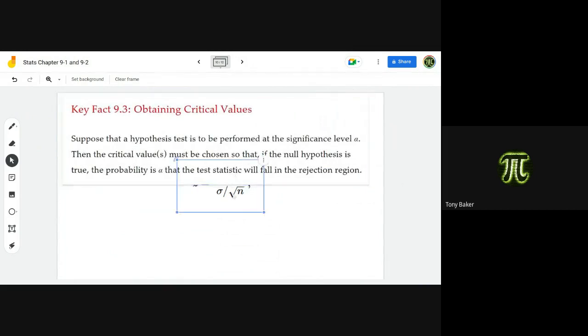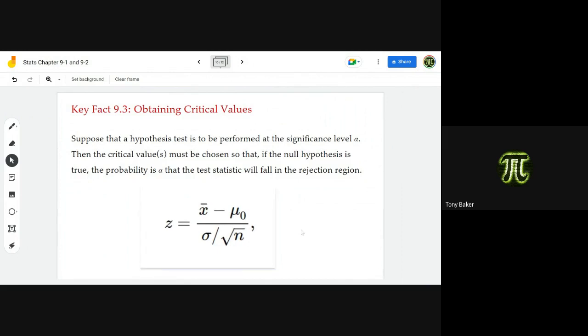All right, so when we're looking for obtaining our critical values, we're using that Z-score formula. So it's the sample mean minus the null hypothesis divided by the standard deviation over the square root of the sample size.